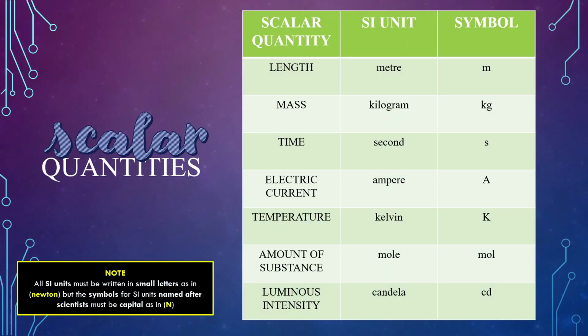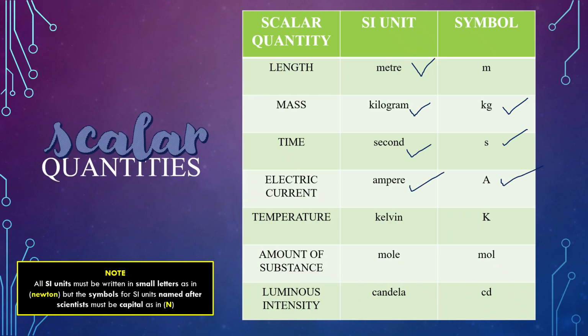So if we see more examples of scalar quantities here, we have length, SI unit is meter, symbol is m. Mass, SI unit kilogram, symbol kg. Time, SI unit is second, symbol s. Electric current, ampere, capital A is the symbol.